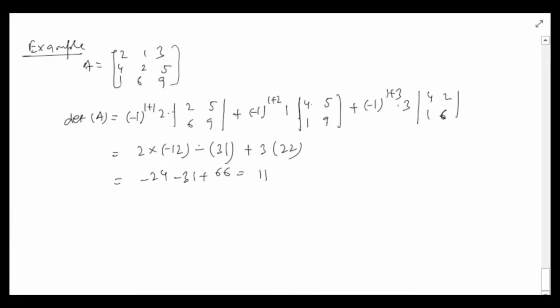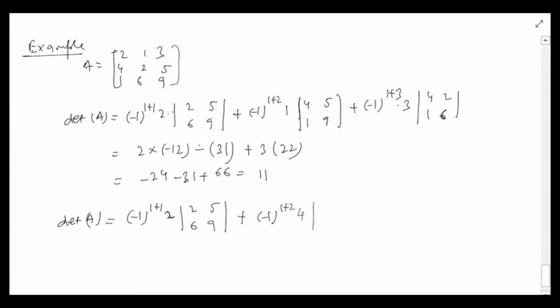Instead, I could have expanded along the first column. Then determinant of A would be computed as minus 1 raised to 1 plus 1, 2, 2, 5, 6, 9. Then it will be minus 1 raised to 1 plus 2, 4 times.